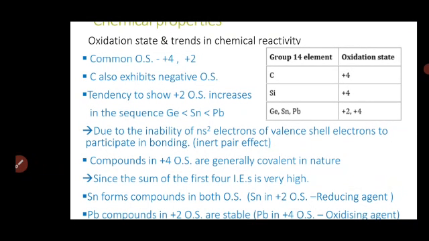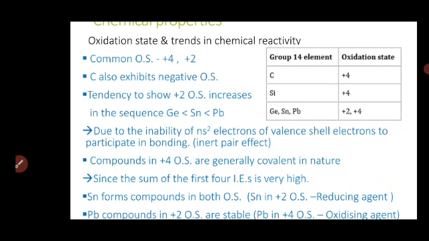Unpair means they have to break their pair and become single. But these ns2 electrons are unable to unpair, and this we call the inert pair effect. Due to this inert pair effect, the last 3 elements show +2 oxidation state.